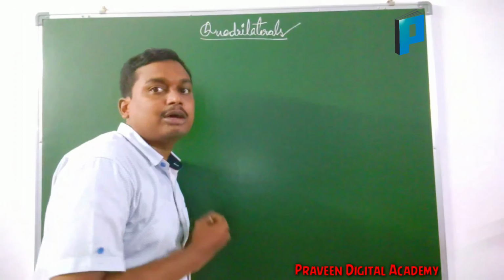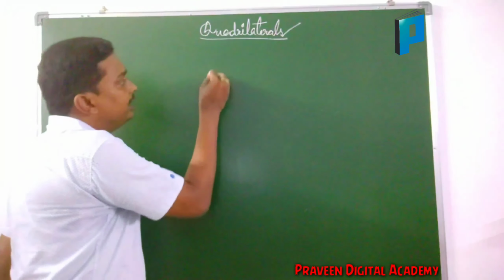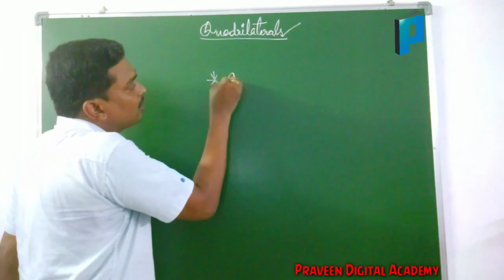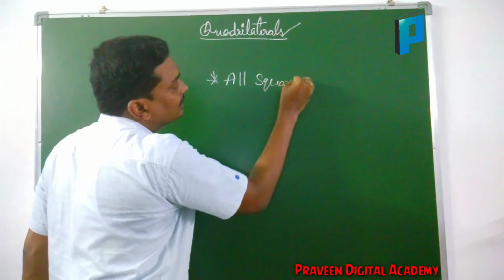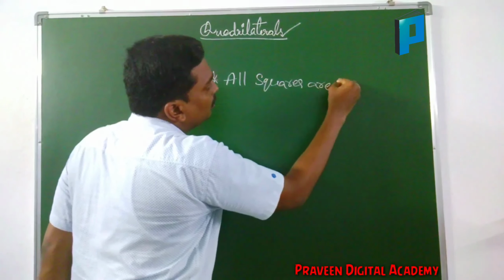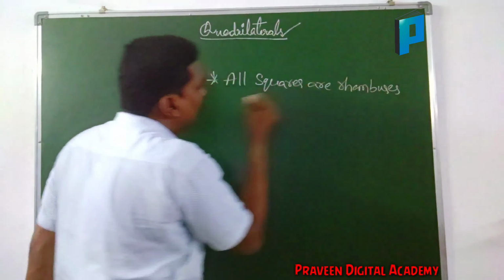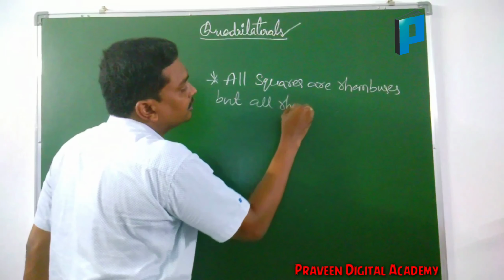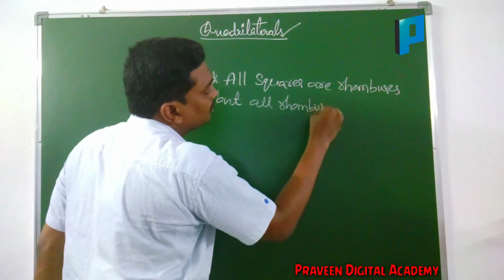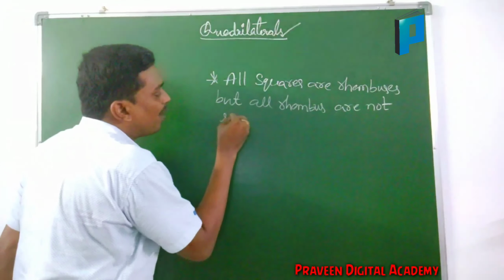Now let me tell some of the important points of quadrilaterals. The first point is all squares are rhombuses, but all rhombuses are not squares.